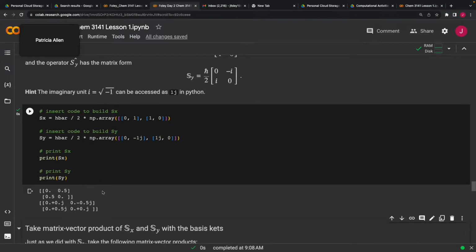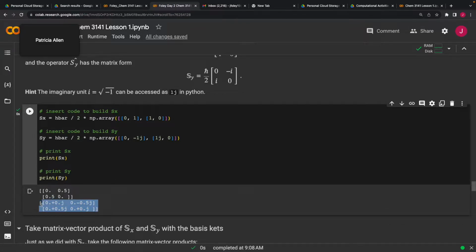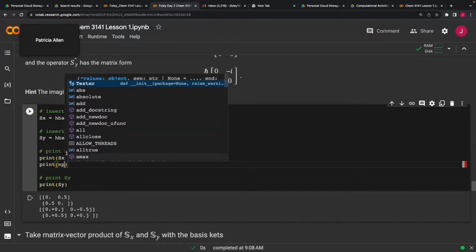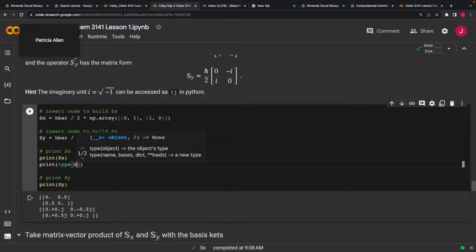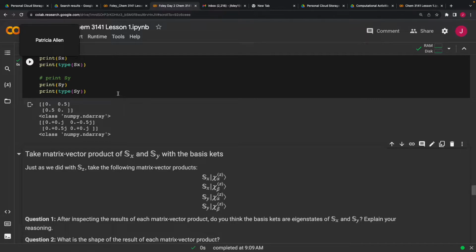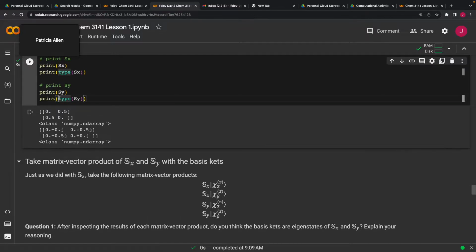I'll just point out with SY, you'll notice that all of a sudden, all of the numbers in SY have both a real component and an imaginary component. And so this is a sign, if we were to, for example, I remember we talked about data types. If I do print type of SX, and print type of SY, I should see that, no, what if I do np dot?